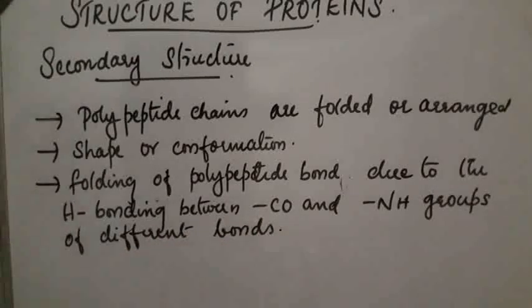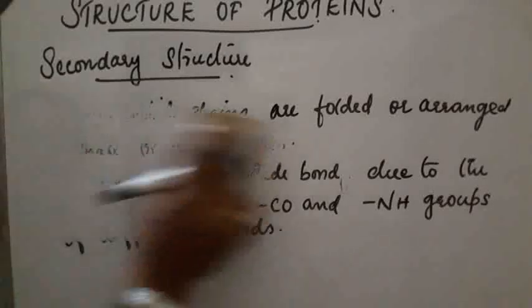As a result of this hydrogen bonding, the polypeptide chain folds. There are two different types of structures, alpha helix and beta pleated sheet structure. Two types of structures are possible due to this folding. Let us discuss one by one.